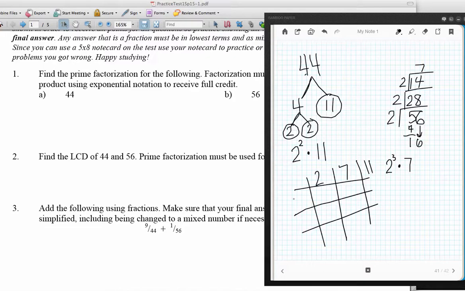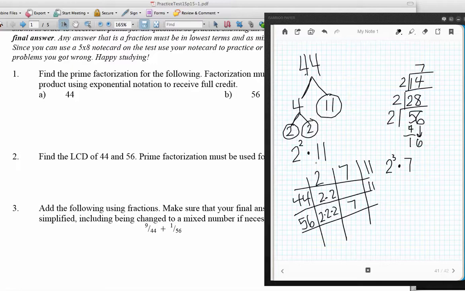And then I have 44 and 56. 44 is 2 times 2, and then times 11, so you see across here you get the product of the number. And then 56 is 2 times 2 times 2, and then it has a factor of 7. So again, you see the products here that make 56.